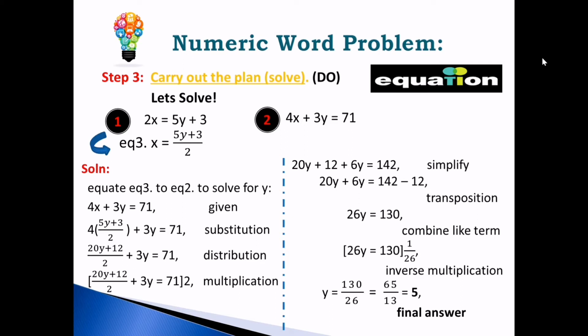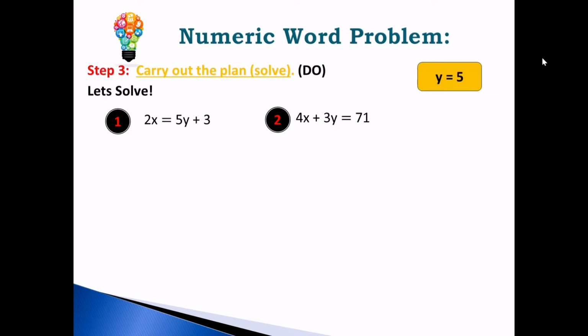However, we are still looking for the value of x. So let us use equation 2 and create an equation from it so that we can solve for the value of x. Here, I have y equals 5. Now I am going to solve for the value of x from equation 2.